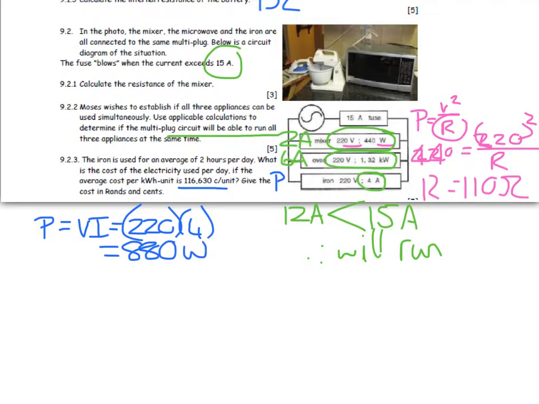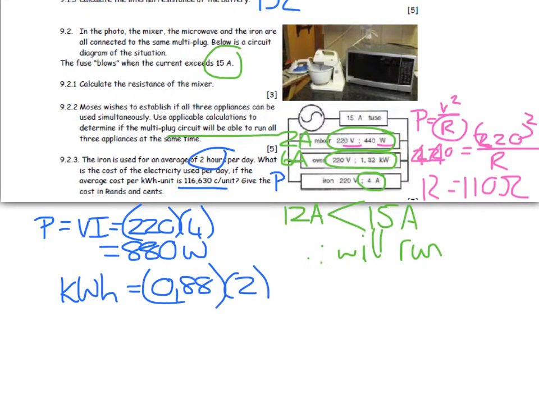If I'm looking for cost, I need kilowatt hours, and that is 0.88 kilowatts multiplied by 2 hours each day, and I land up with an answer of 1,76 kilowatt hours. Nope, not per hour, just hours.